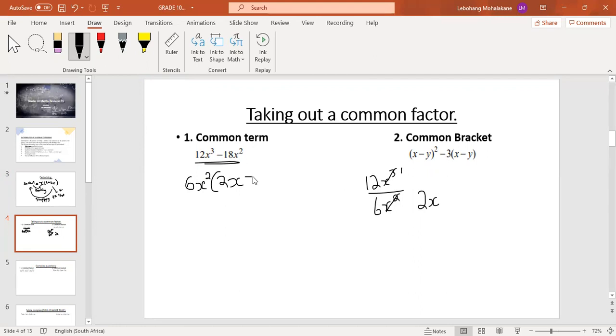And then minus 18 divided by 6, which is 3. And then x squared divided by x squared is still x squared. So this is my final answer.